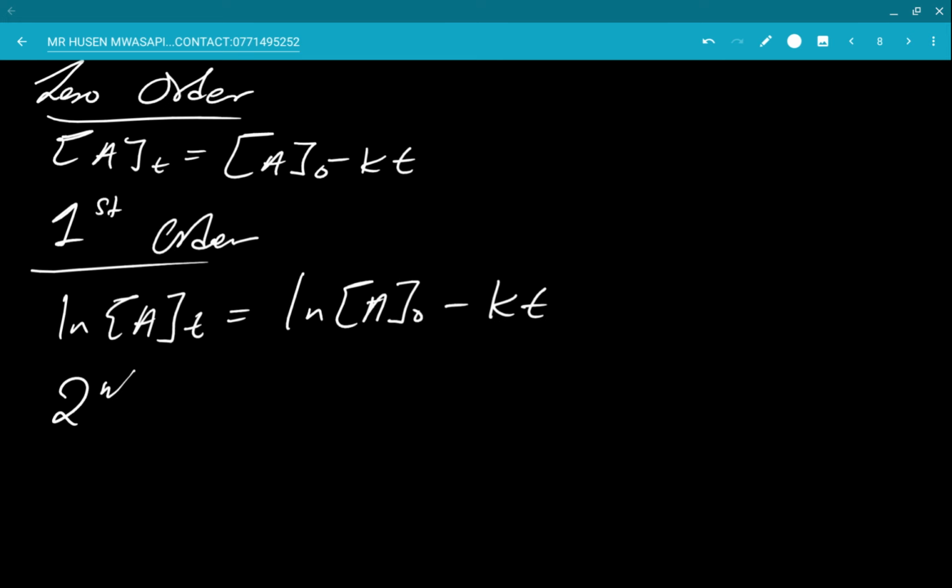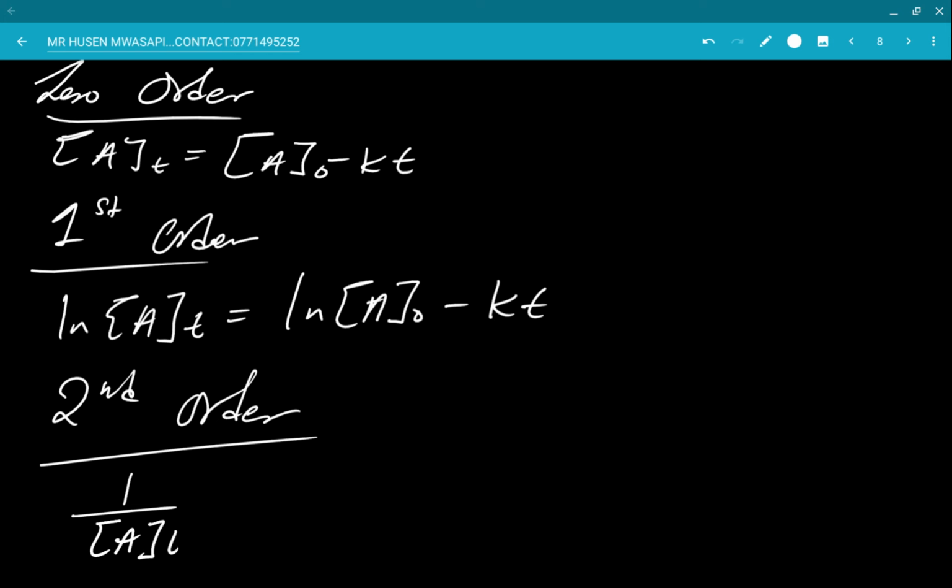Then lastly, the second order, you end up having 1 over concentration A at time t being equal to 1 over concentration A at the initial plus kt. Alright, so these are the integrated rate laws for the 0 order, first order, as well as the second order.